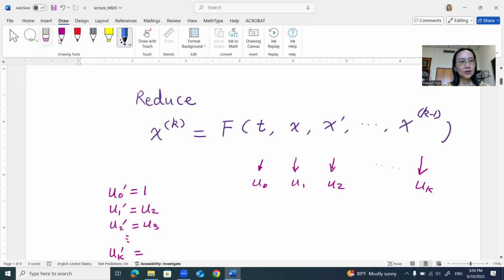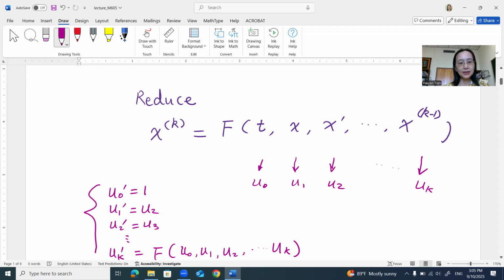So that will be f at, now with our new notations, so the t is called u naught, x is u1, u2, all the way to uk.